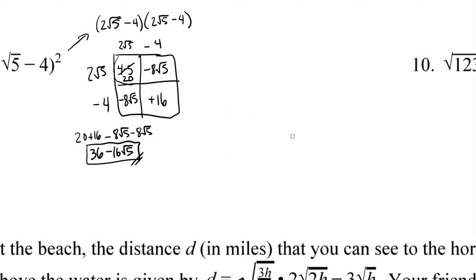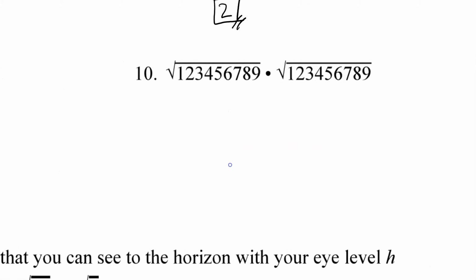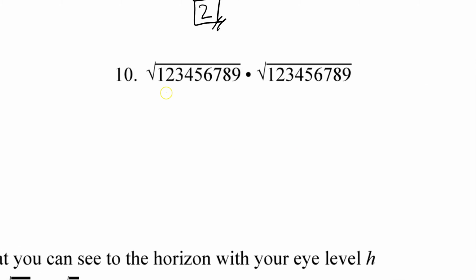And then if I take number 10, the square root of the number 123,456,789 times the square root of 123,456,789. If I take the square root of x times the square root of x, I get the square root of x squared, which is just x.